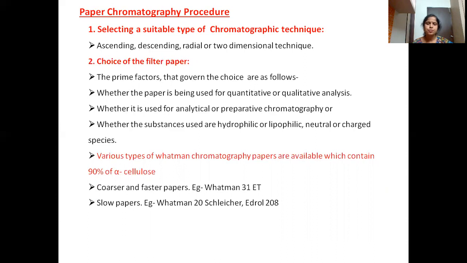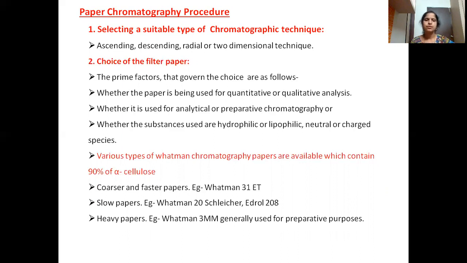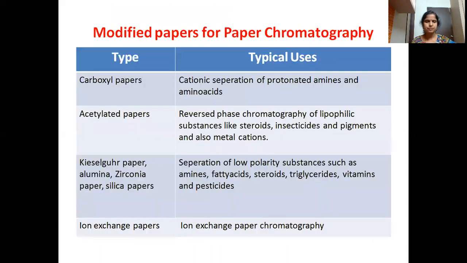We can also have some heavy papers such as Whatman 3mm. It is generally used for preparative purposes, because in preparative work we take a large amount of sample, so we need the paper to be very stiff. This paper is very efficient for that purpose.